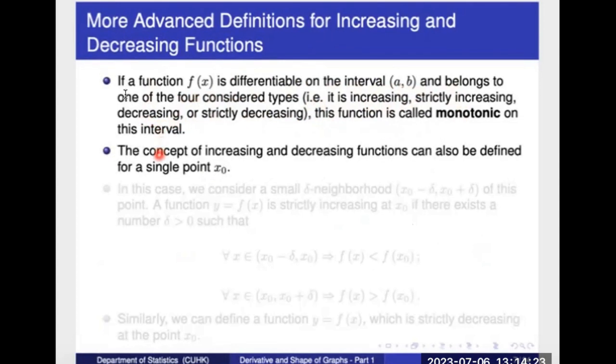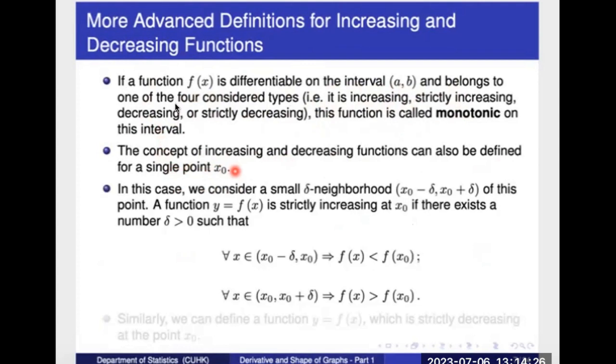The concept of increasing and decreasing functions can also be extended to focus on a single point, x sub 0. In this case, we consider a small delta neighborhood that ranges from x sub 0 minus delta to x sub 0 plus delta. A function y equals f of x is deemed strictly increasing at x sub 0 if there exists a positive number delta such that for all x values within the interval x sub 0 minus delta, x sub 0, f of x is less than f of x sub 0.